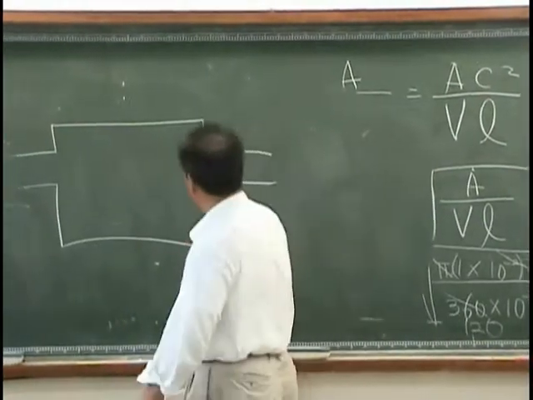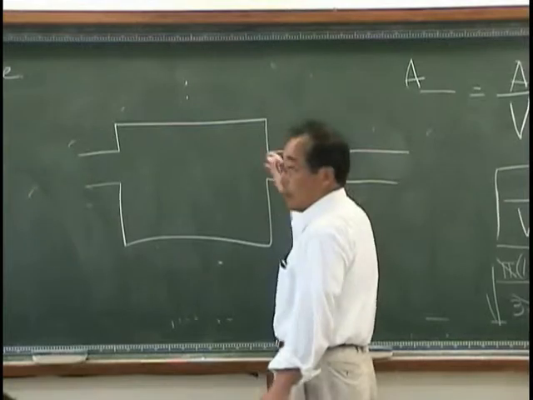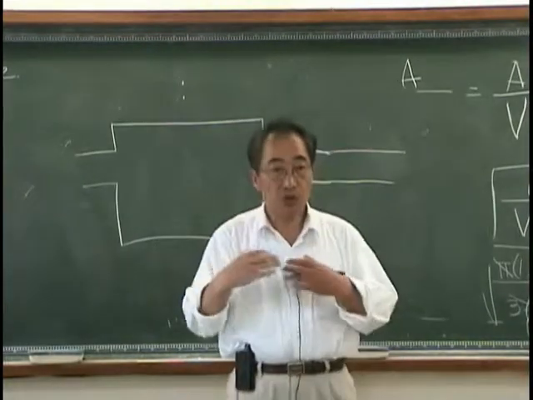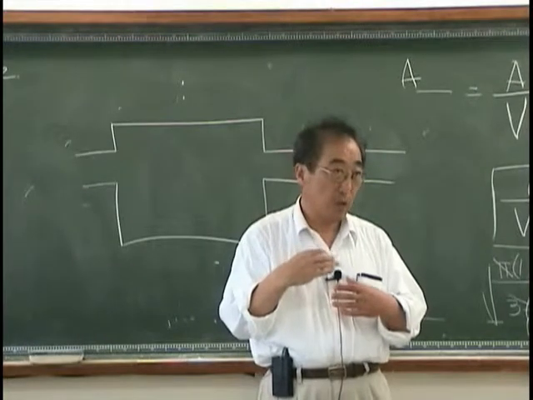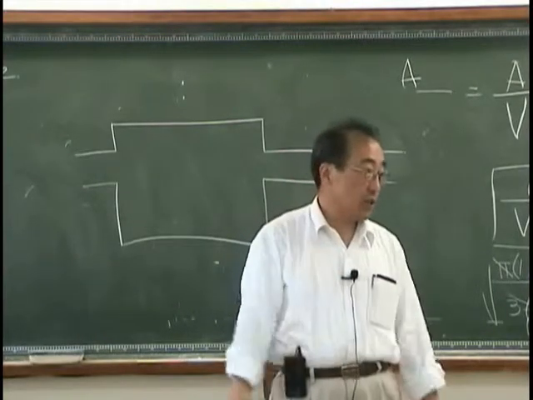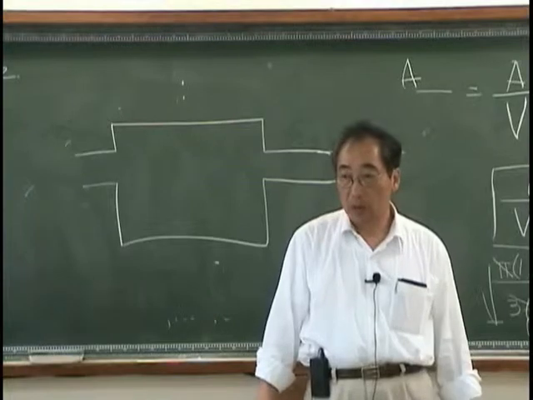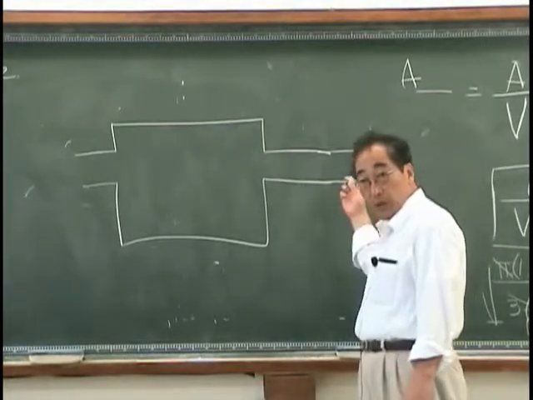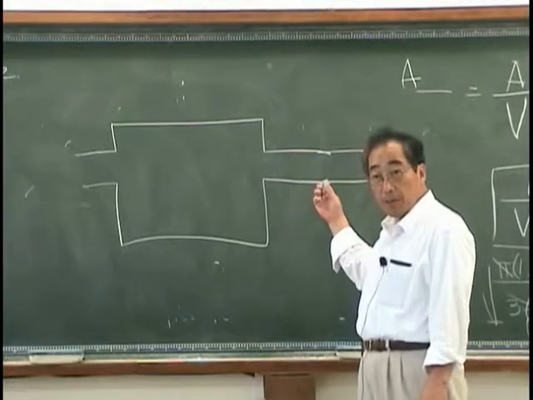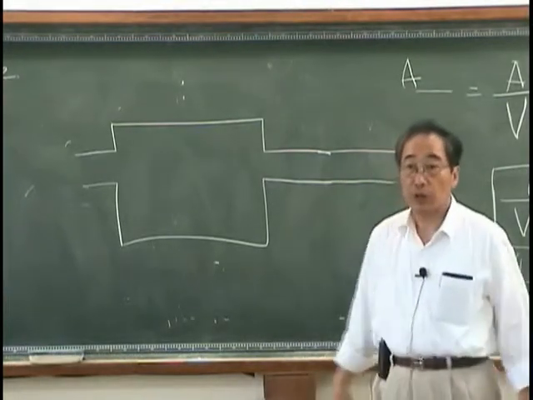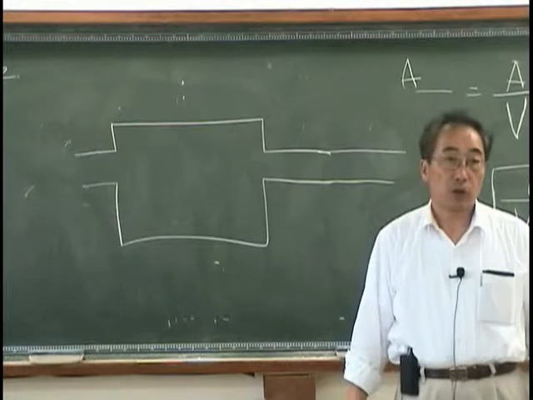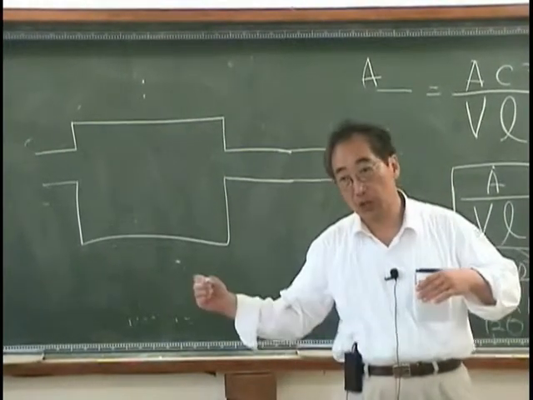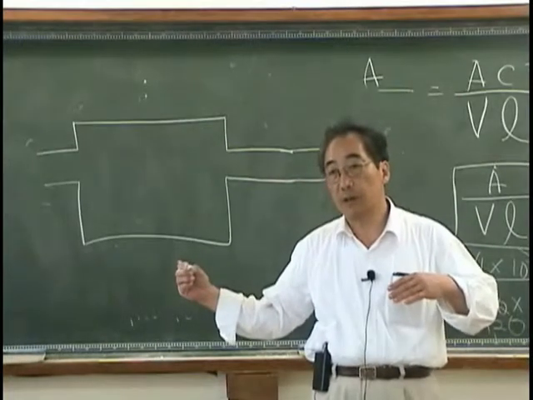This cross-section can be considered an acoustically small space because, compared with the wavelengths, the cross-sectional dimension is very small. But this length is very large compared with the wavelengths, so we have mixed dimensions. One is acoustically small space and the other one is acoustically large.